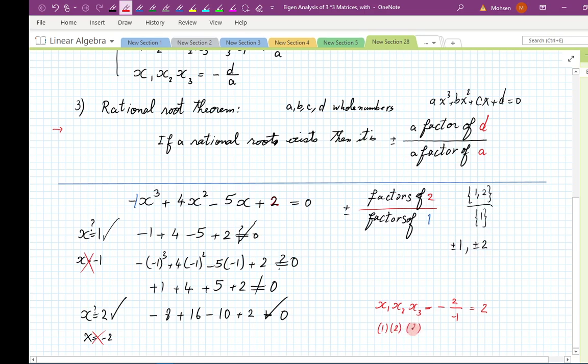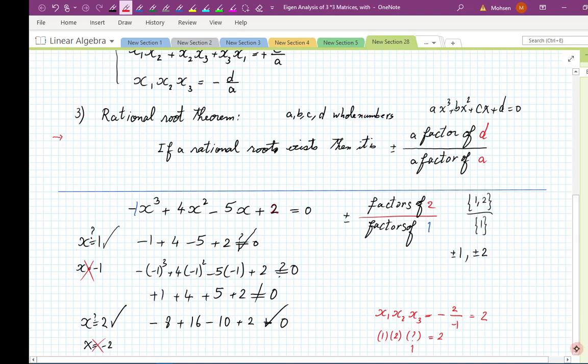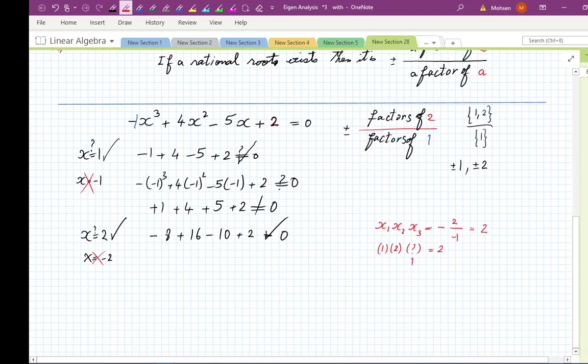What can I put here so that it'll be 2? Well, of course, the answer is 1. So that means the reason it's hiding is that this is a double root. It shows up twice, and that's the meaning of the word multiplicity here. When something shows up more than once, we have a price to pay. So our roots are 1, 1, and 2.